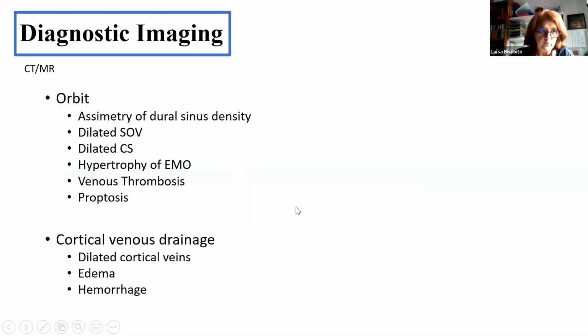What we see on the orbit are some signs: asymmetry of dural sinus density, dilated vein, dilated cavernous sinus, hypertrophy of the extraocular muscles of the orbit, venous thrombosis, proptosis, and if there is cortical venous drainage, dilated cortical veins or edema or hemorrhage.